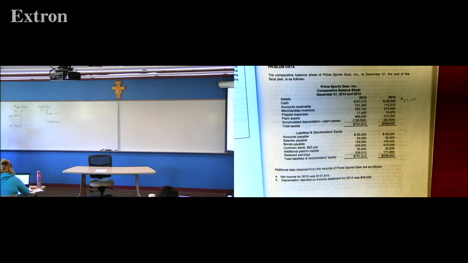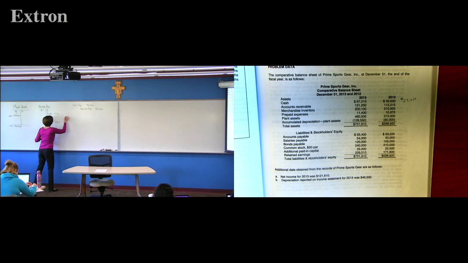In the additional information, it says depreciation reported on the income statement for 2013 was $46,500. So basically, that's letter B down there. And that's important because it does help explain at least part of the change in accumulated depreciation.